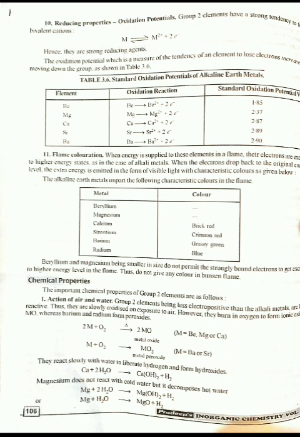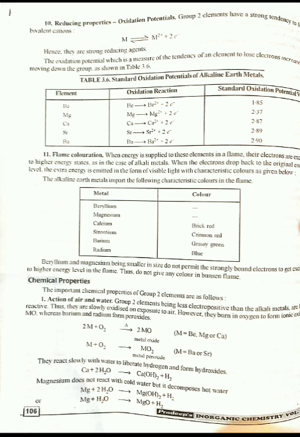Calcium: Ca gives Ca2+ plus 2 electrons, standard oxidation potential 2.87 volt. Strontium: Sr gives Sr2+ plus 2 electrons, standard oxidation potential 2.89 volt. Barium: Ba gives Ba2+ plus 2 electrons, standard oxidation potential 2.90 volt.